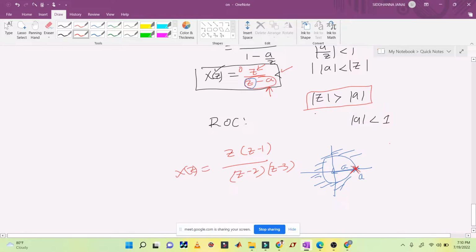So in this equation, what value Z can take so that X of Z goes to 0? What values of Z will make X of Z 0? That we need to see first.